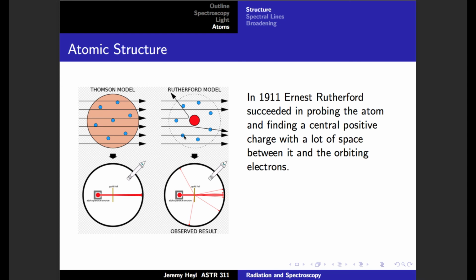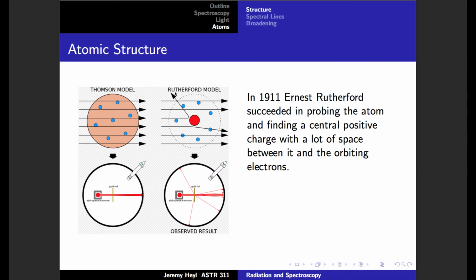But what he found, over here on the right-hand side, was that occasionally this particle would go into the gold foil and it would literally bounce back again. It would come along from here, and most of the time it would go straight through, but occasionally it would just go bam, straight back, like in this picture.